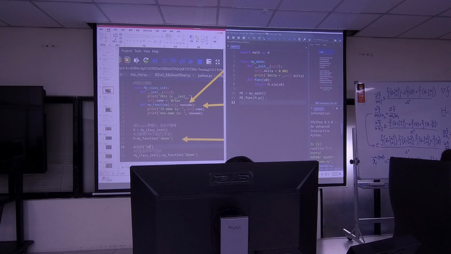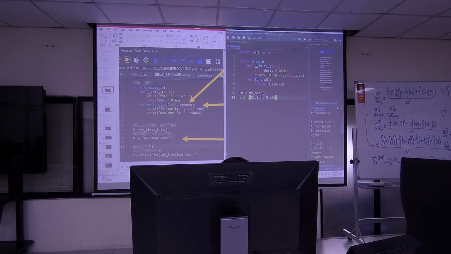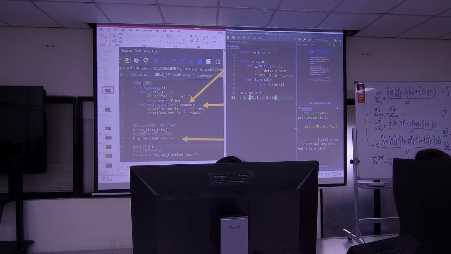And then maybe I print out this value. Hold on. Trying to figure out what was wrong.